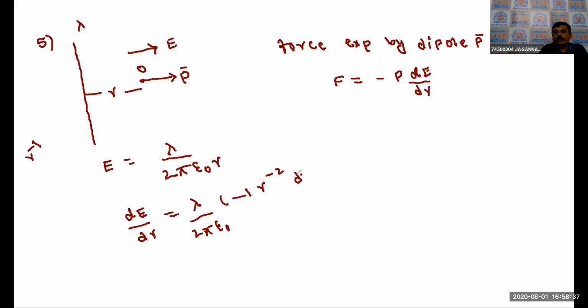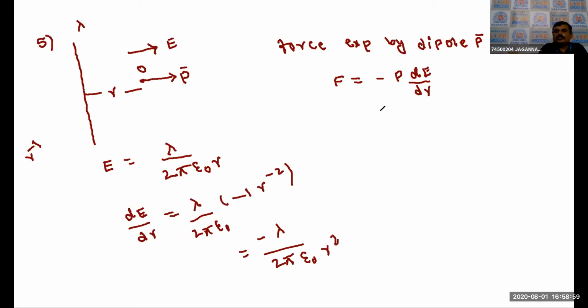So how much do we get here? Minus lambda by 2 pi epsilon naught into r square. Got the point?